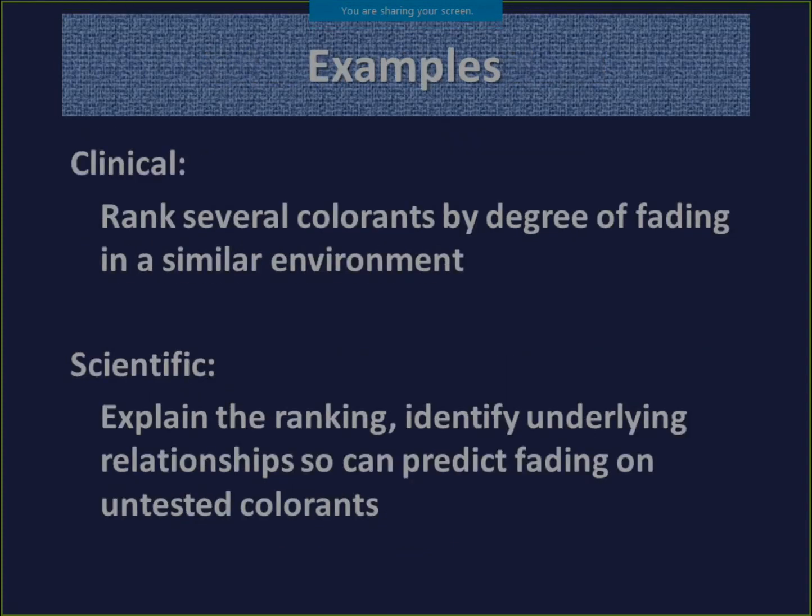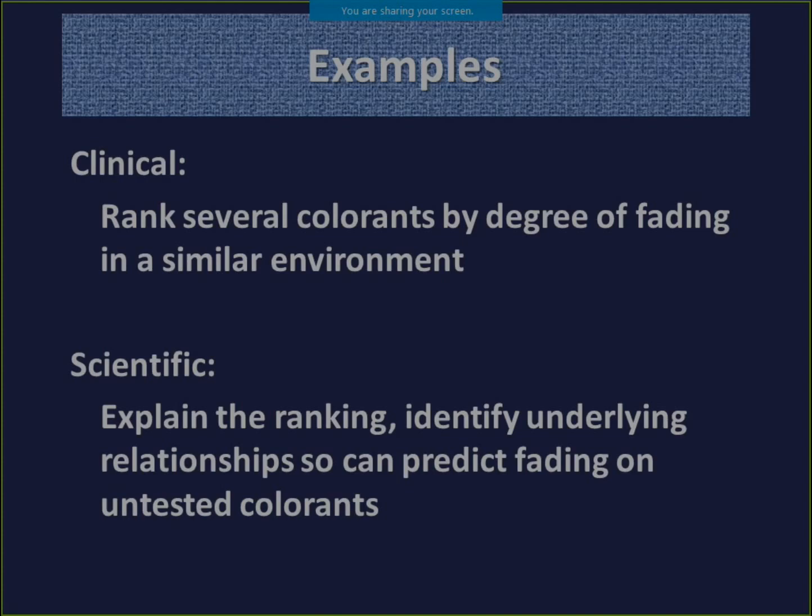The difference really is that of product testing versus scientific research. If we can better predict which coating should work well, we can do more efficient selection of coatings for testing, or even design an ideal sort of coating. So with a clinical question, we might rank several coatings or colorants by the degree of change in a similar environment over time.